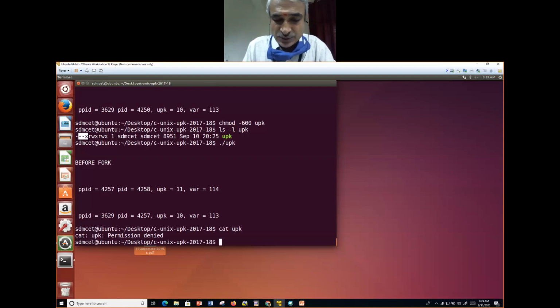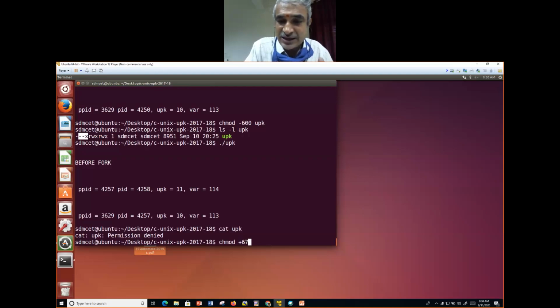Now I want to change this one. chmod, add. What I will be adding is 6. Now look at that. First one is 4, second one is 2, third one is 1. 4 plus 2 is 6. That means read, write, I'm giving permission. Executable, I want to remove it. So 4 plus 2 plus 0 is 6.